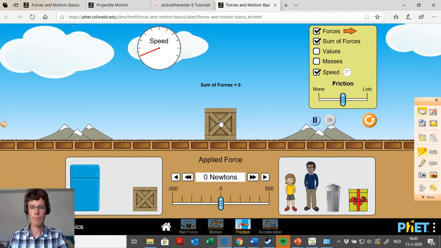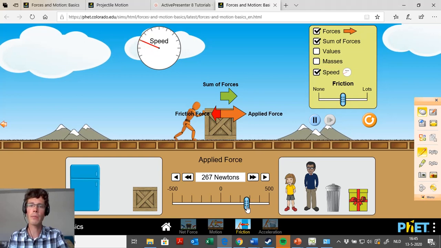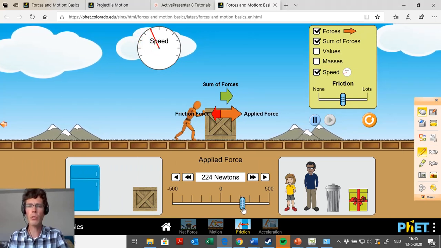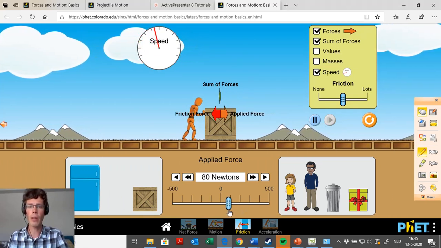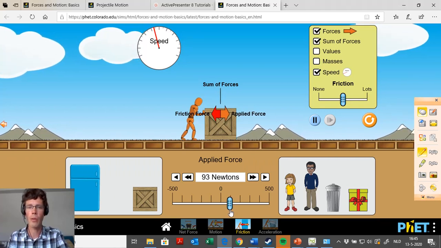Let's do that again. I'm going to push on it again, increasing its speed. And now I'm going to decrease how hard I'm pushing until the sum of the forces is almost zero.